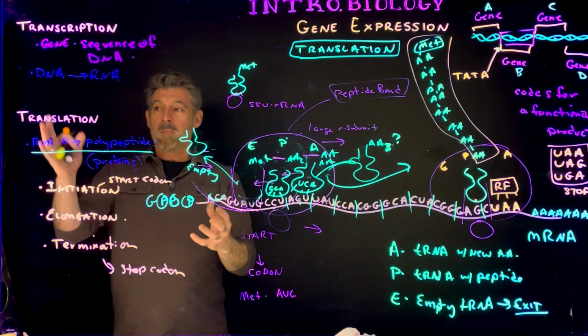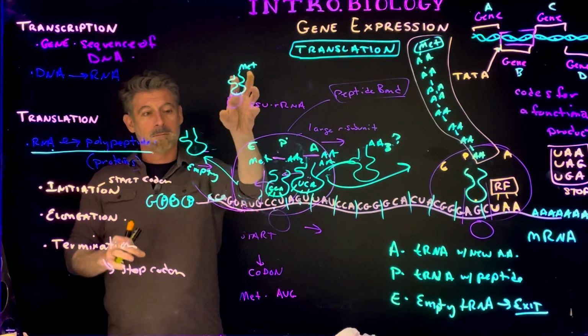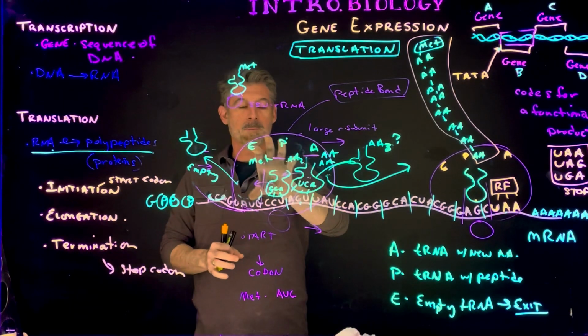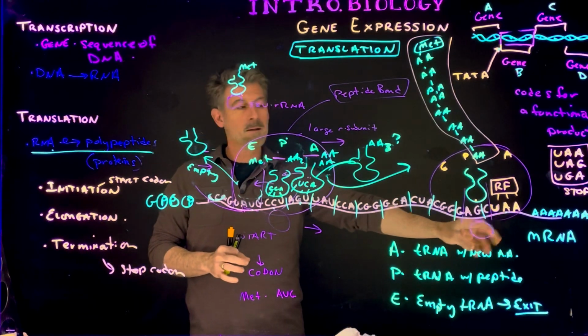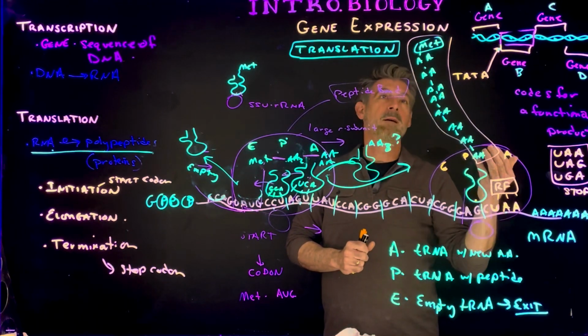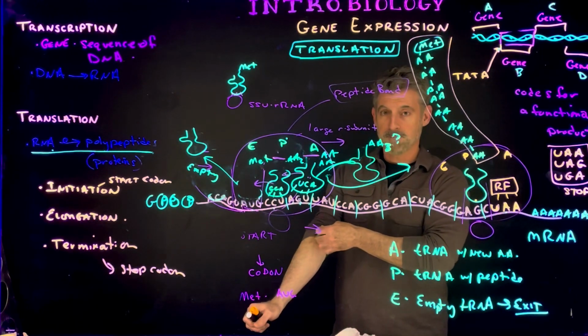This is where they all assemble. Translation: initiation, finding the start codon. Elongation, the large subunit comes in, reads the whole thing. Termination, reads to a stop codon, and the process ends. And so that's the end of translation.